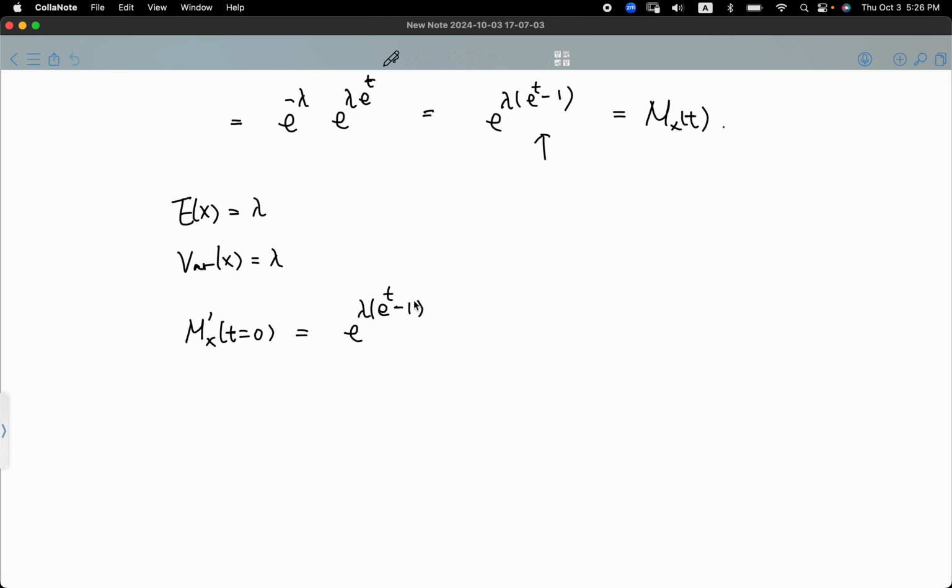The chain rule refers to the derivative of the exponent here. For this part, when we take the derivative with respect to t, we have another copy of lambda and then another copy of e to the t. Does that make sense? And then for the second step, evaluate it at t equals 0.